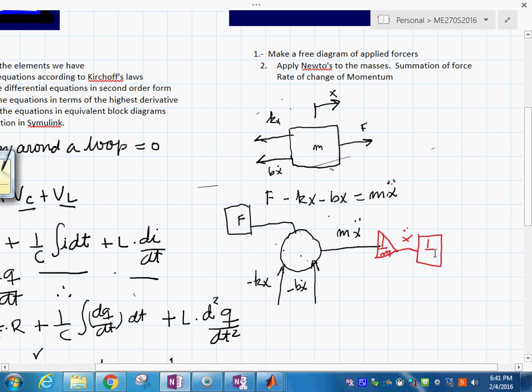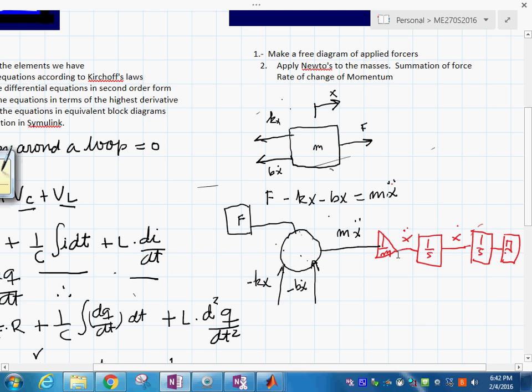You integrate once, and with b x dot, we need to integrate once more, and then we have the scope.